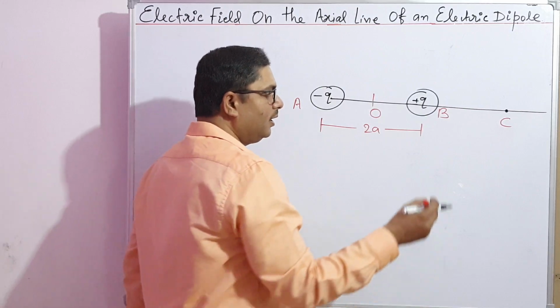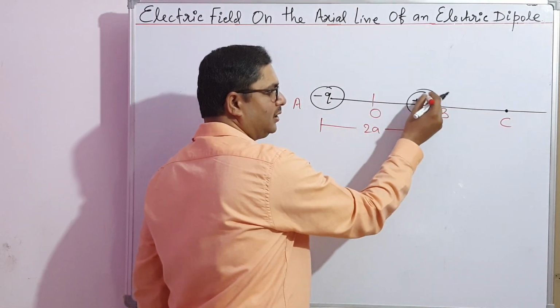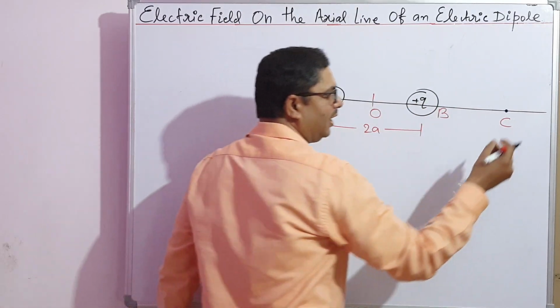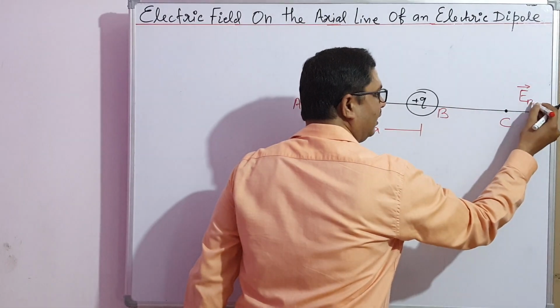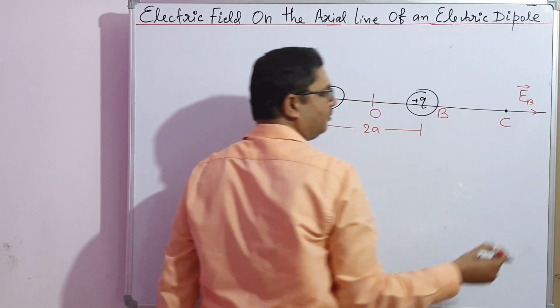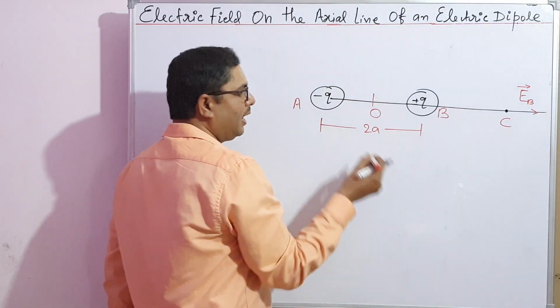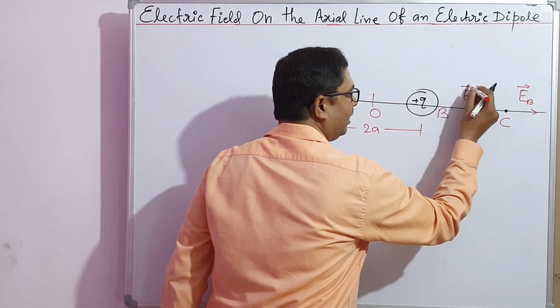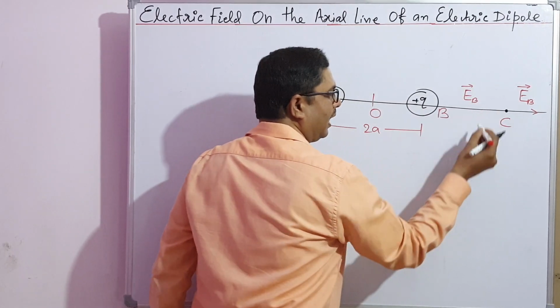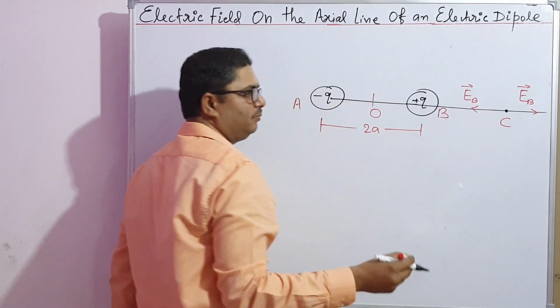First of all, this is a plus charge, that is plus Q. Electric field E due to charge at B has direction outward because it is a positive charge. And this is a negative charge, so the electric field E at A has direction inward.